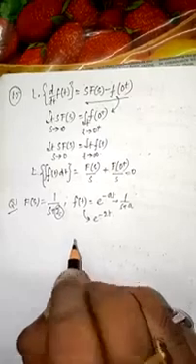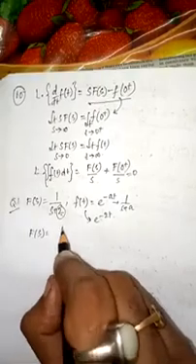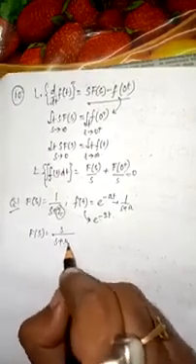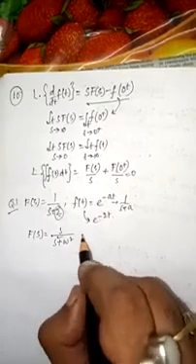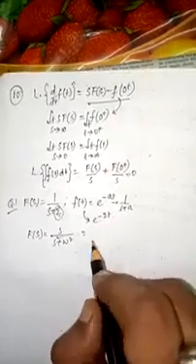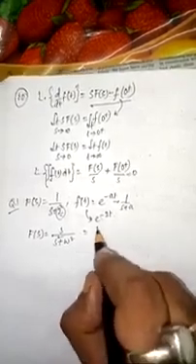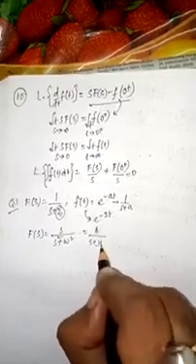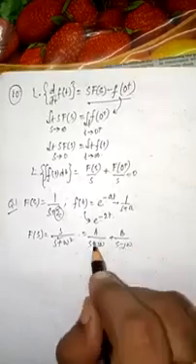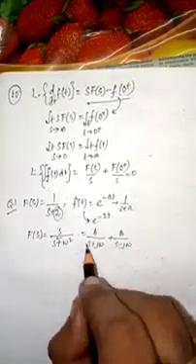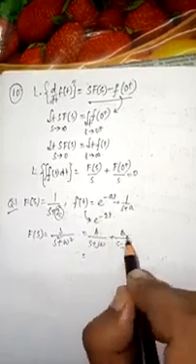In this way, suppose one question is given that F(s) equals s by s squared plus omega squared. What is the final output? To solve this, you have to do partial fractions, because this is a by s plus j omega plus b by s minus j omega. If you are comparing this, here it is 2s.